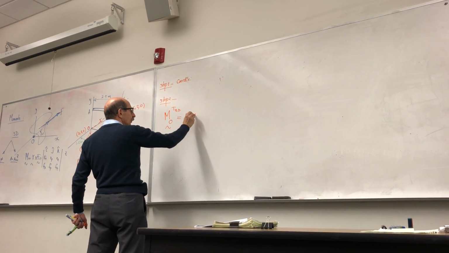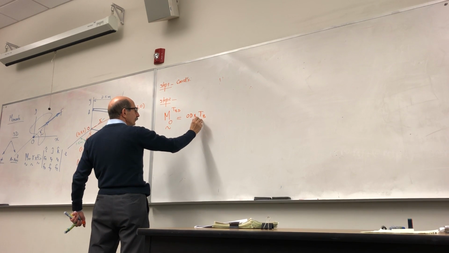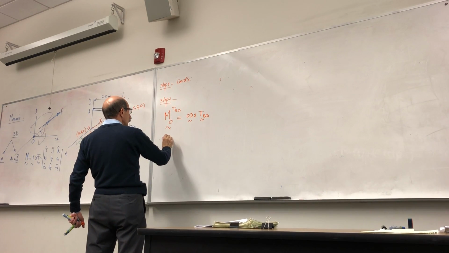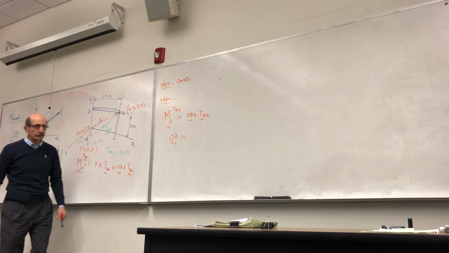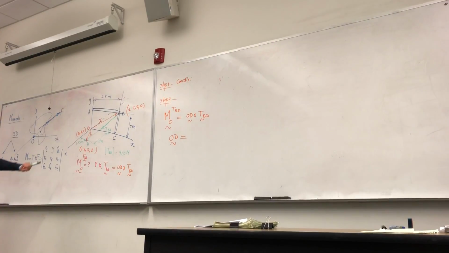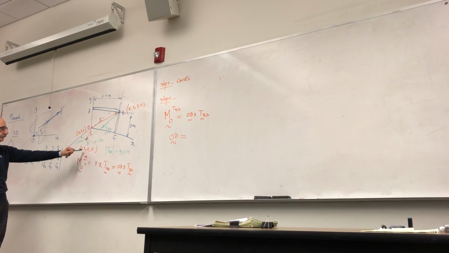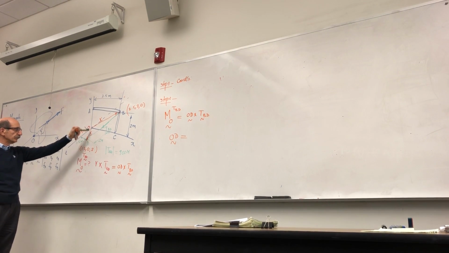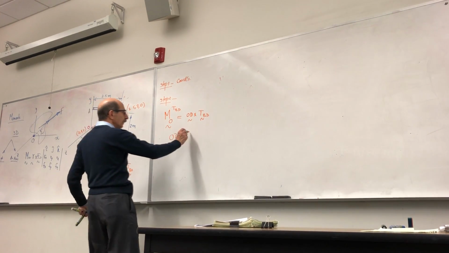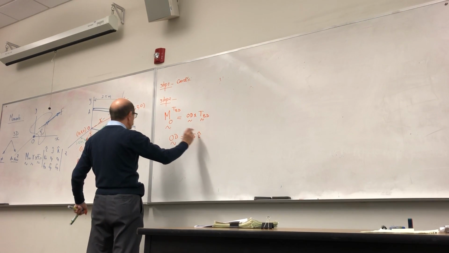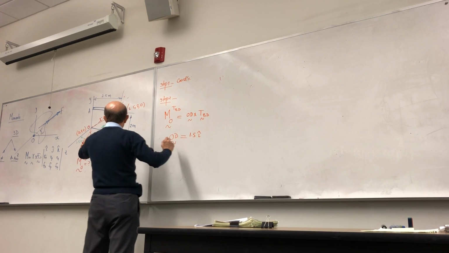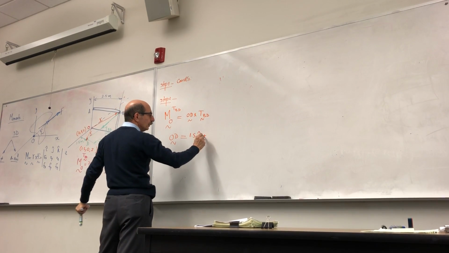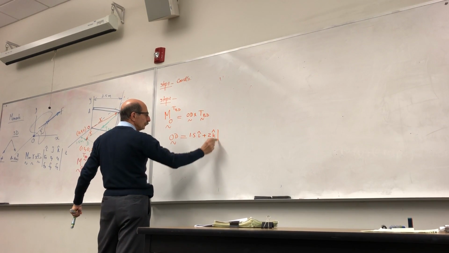OD cross T. So, therefore, you need to find the vector equation for the position vector. You have the coordinates of D, so you have tip minus tail: 1.5 minus 0 i, 0 minus 0 j, 2 minus 0 k. So this is the position vector.